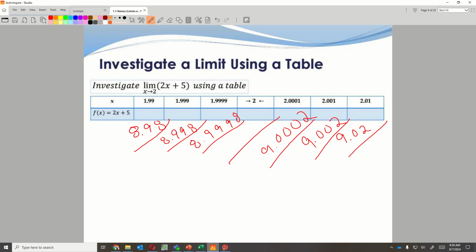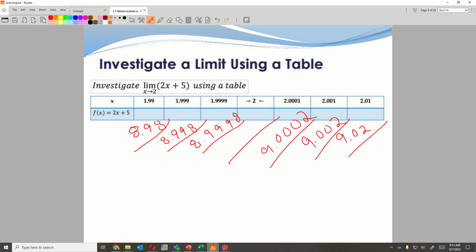Now, by looking at the pattern here, I numerically found out where this is going, because if I had a problem like I did on my warm-up where it does not exist at that number, that's what my limit process actually solves for me. This one is approaching what number? If I look at the left side, it looks like it's going towards 9 the closer I get to that. Look at the right-hand side. The right-hand side is also going down.